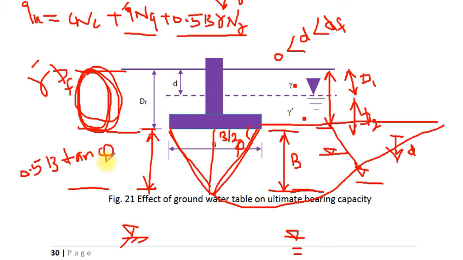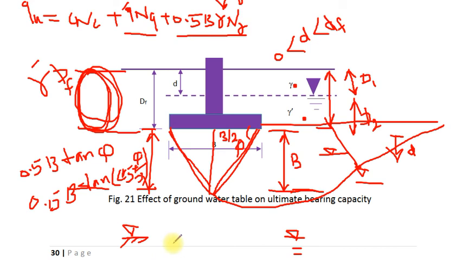or based on the assumption of Meyerhof, it will be 0.5 B tan of 45 plus phi over 2.